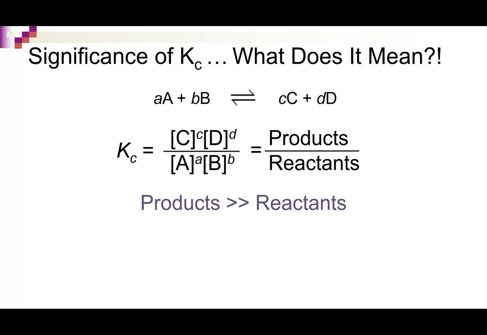Okay. So if we have a lot more products than reactants, so we look at the concentration of the products, we look at the concentration of the reactants, and we're like, wow, most of that became products. I have a really big number for the concentration of products. Our Kc value is going to be greater than 1.